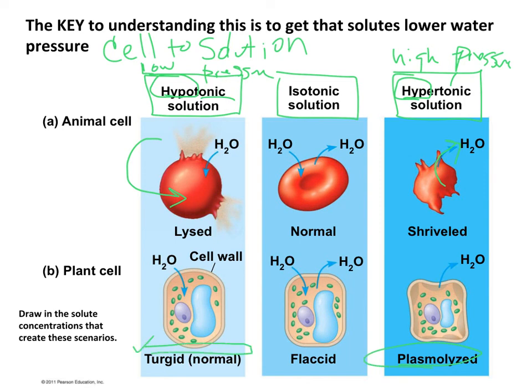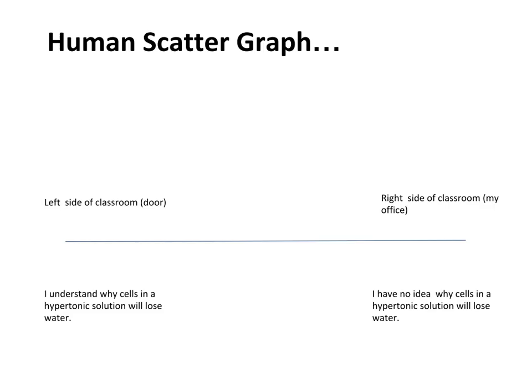If it's a plant cell, that's normal, but with a human cell or animal cell, that's bad. It'll explode. Flaccid, with a plant cell, that is bad, but a human cell, that's fine. That's isotonic solution, so you have an equal amount, dynamic equilibrium. And shriveled or plasmolyzed, and in both the human and the plant cases, that is a bad scenario.